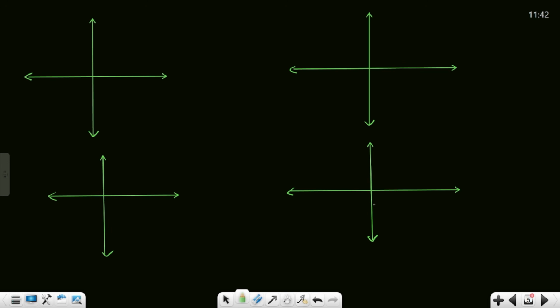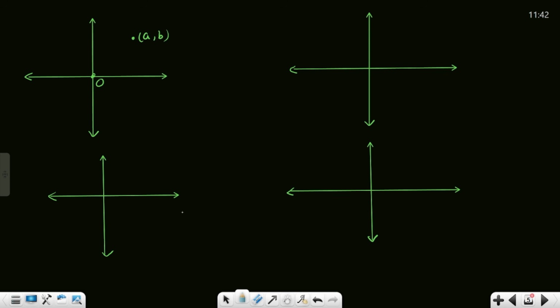So in the first case, let my complex number be plotted as the point a comma b, and this is the origin. Let my complex number lie in the first quadrant.